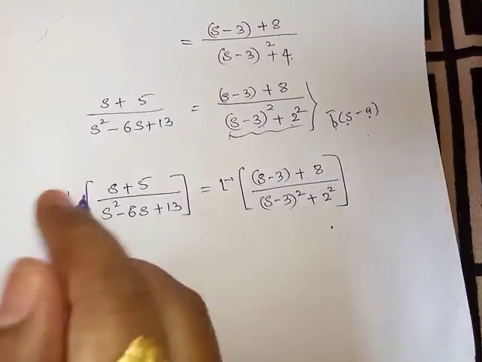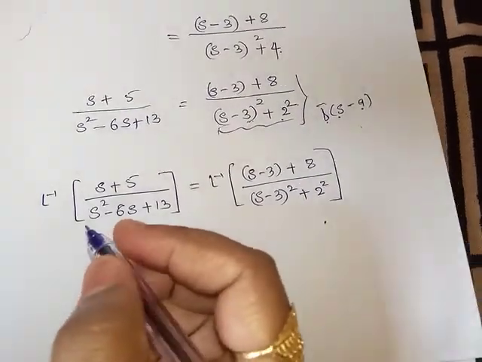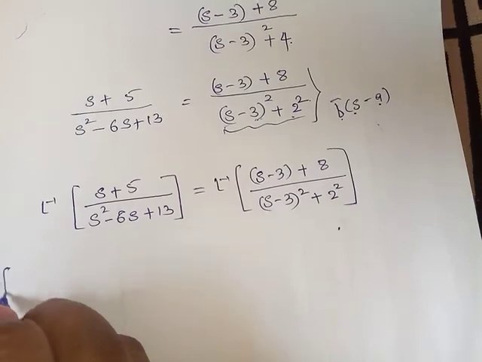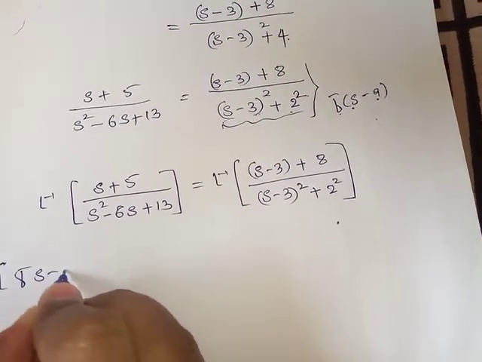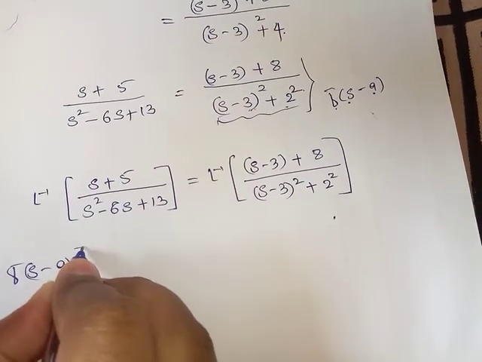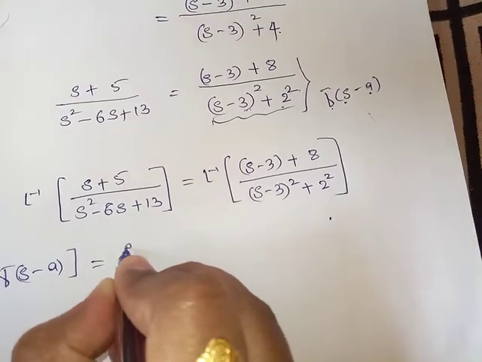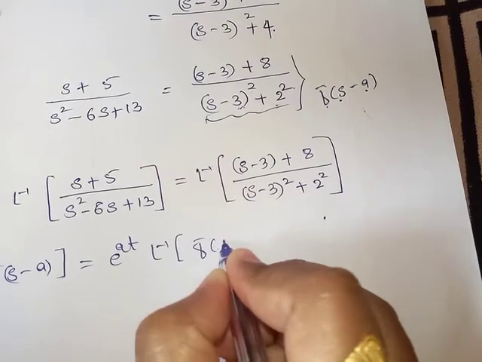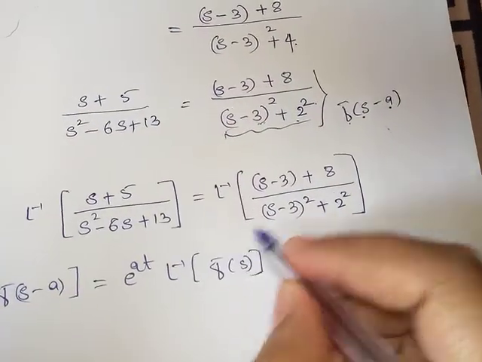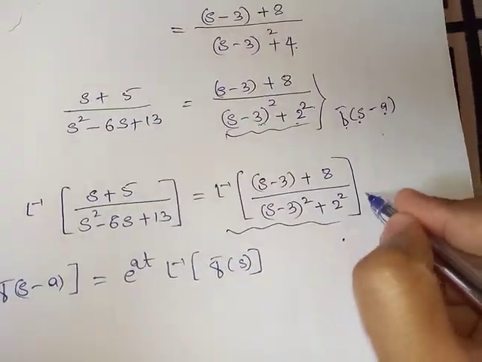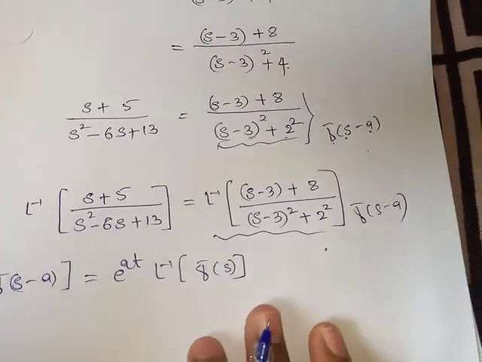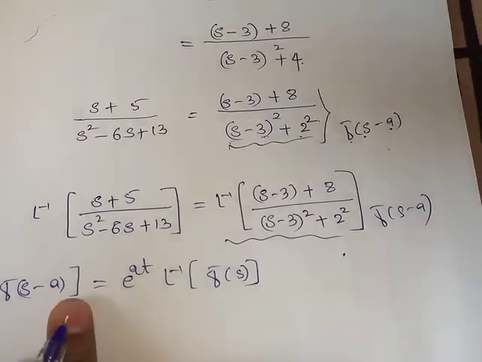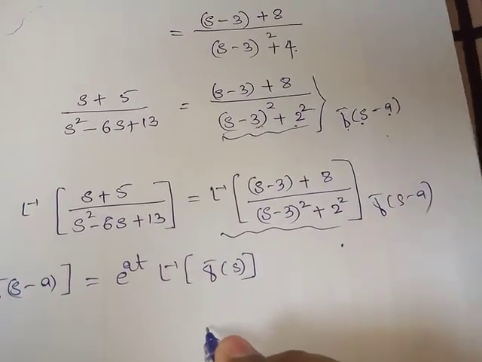Now see, from the second step we know that L inverse of f bar of s minus a is equal to e raised to at into L inverse of f bar of s. Here this is our f bar of s minus a. Here we have to find the L inverse.